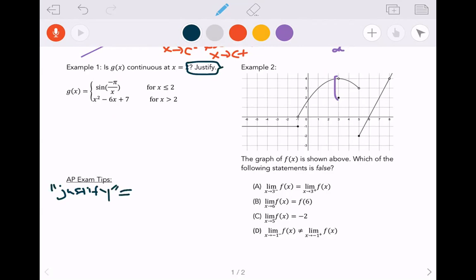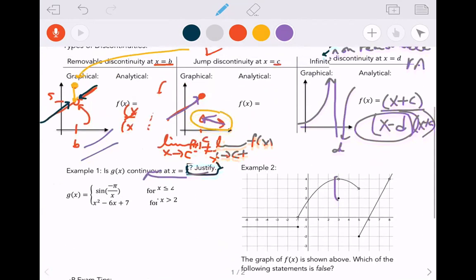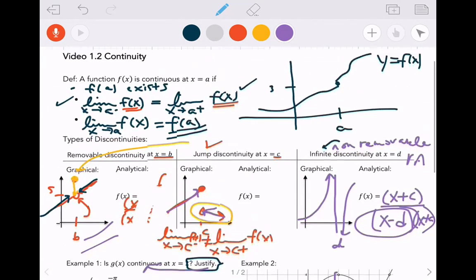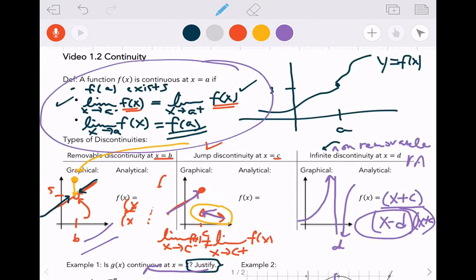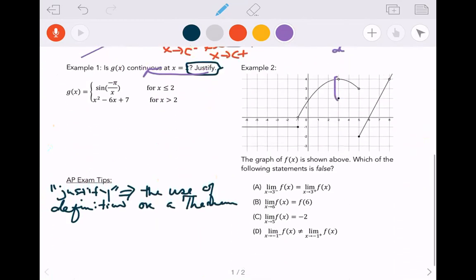Justify implies the use of either a definition or a theorem, hypothesis, and conclusion. So justify that something's continuous means I need to use its definition, which is a three-part definition, to answer the question.